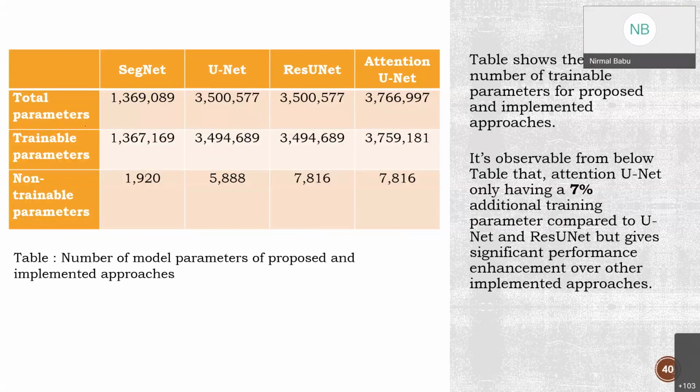For SegNet we saw that the total parameters needed are this much, for UNet this much, for ResNet this much, and for attention UNet this many parameters. Okay, so what this indicates is that even though attention UNet requires the highest number of trainable parameters, compared to UNet and ResUNet, its increase in parameters is very negligible, very small. But with that small increase in the number of trainable parameters, we are getting a significant increase in performance. So in that case, we can accept it, right?